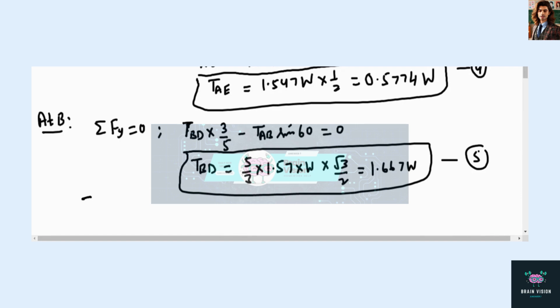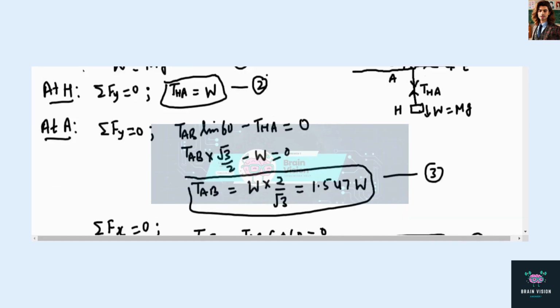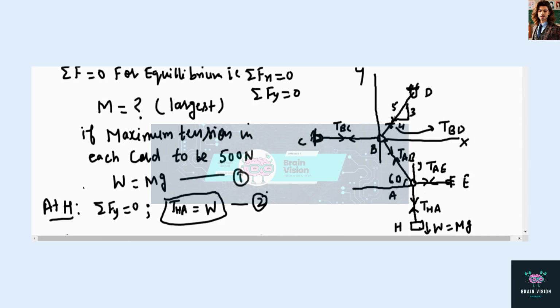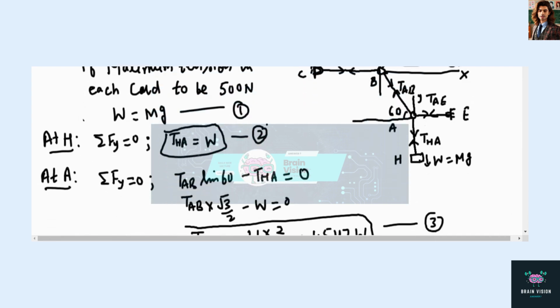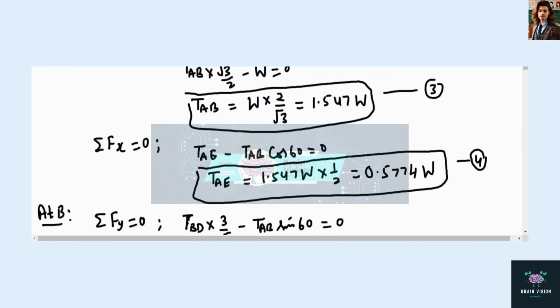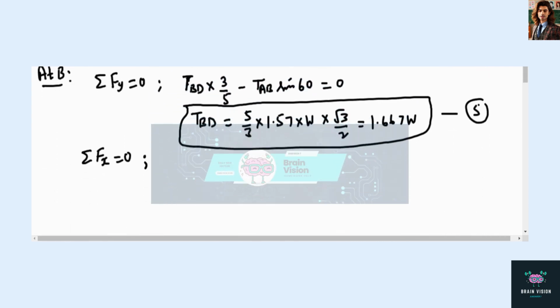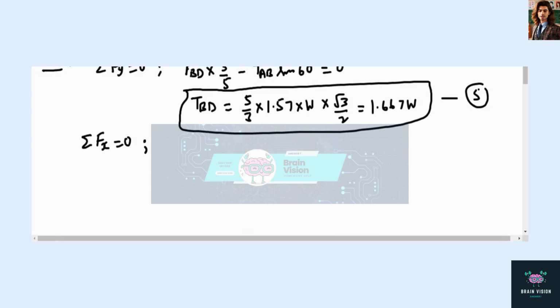Now summation of all forces along x-axis at point B must be 0. So see the figure again. You have to refer the figure. This is along x-axis. You have to resolve this force along x-axis as well as this force along x-axis. So from the figure we can write summation of all forces along x-axis at B point.